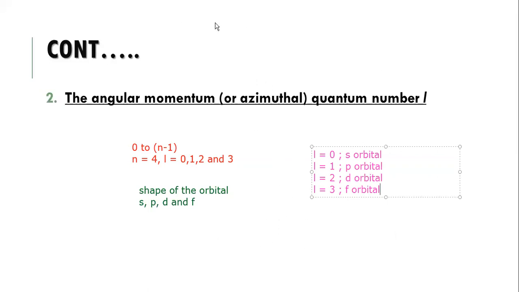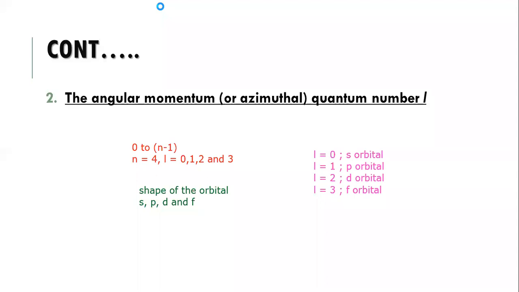Let's have an example. If n is equal to 3, can you say what the L value is, and what is the shape of the orbital?